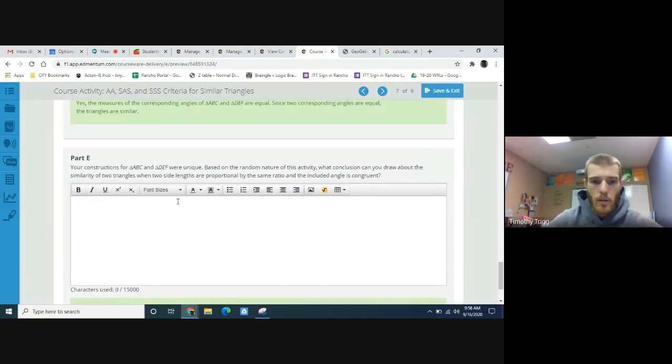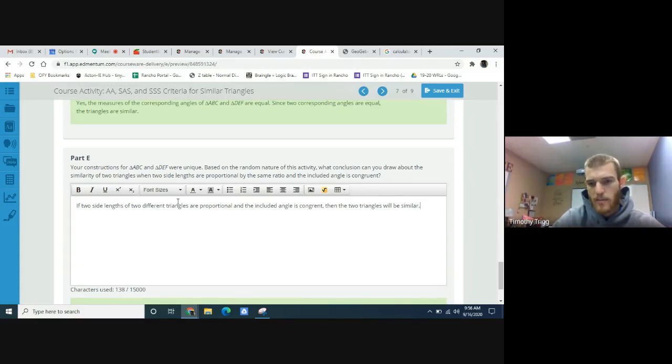Well, what we can conclude is that if two side lengths of two triangles are proportional and the included angle is congruent, the two triangles will be similar.